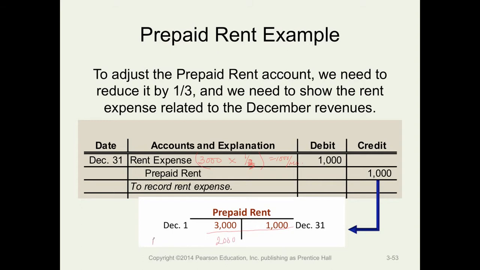The adjusted balance at December 31st is $2,000. That $2,000 will be used up in January and February of next year.